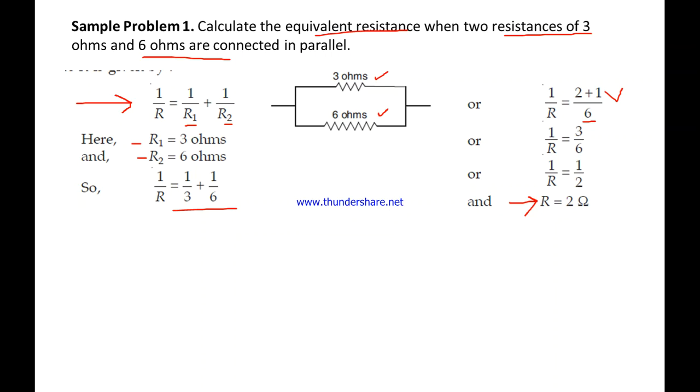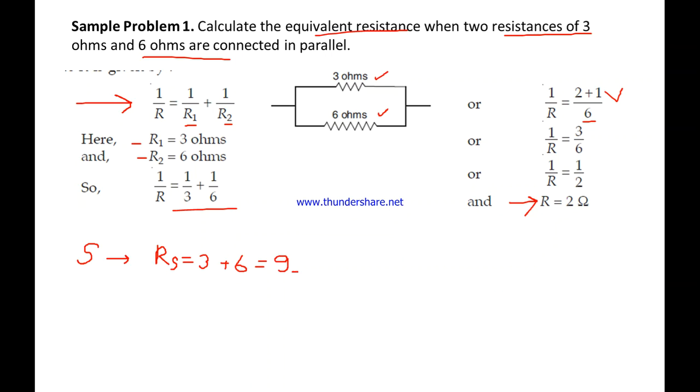Now let's take the example that 3 and 6 ohms are connected in series. Let's see the equivalent resistance for series, calling it RS. The formula is 3 plus 6, which gives 9.